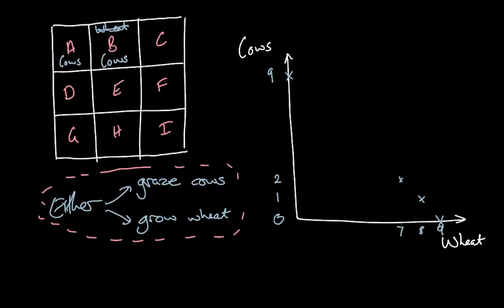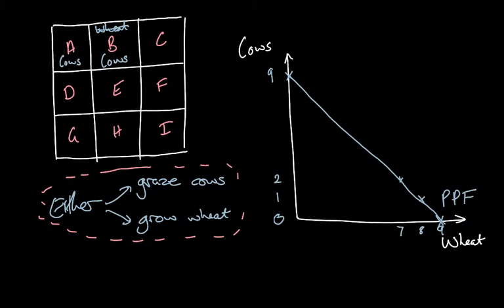And what happens is that when we get all of those points, we can draw a line that goes through them all, and that is the PPF for this farmer. So that line represents all of the maximum output combinations that he could generate.